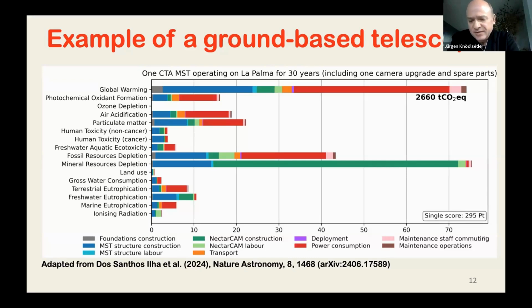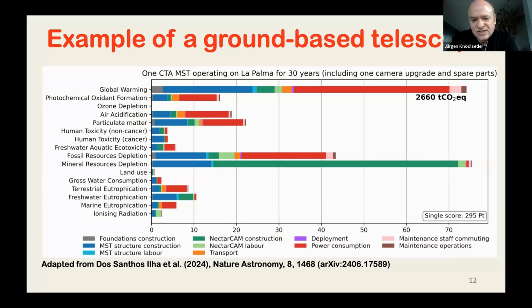And 1 point is basically the average environmental load of a human on Earth. The reason I express it in points is because then you can compare things directly. There's of course some judgment behind how you compare global warming to, for example, mineral resource depletion. So how do you weight these two different things?